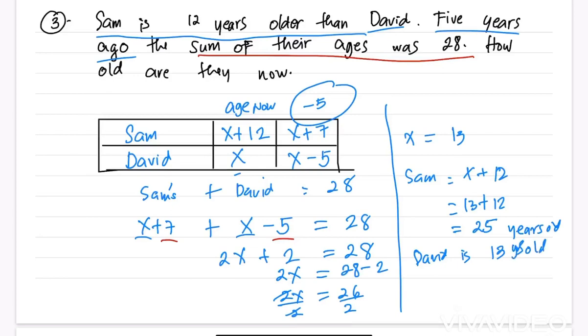So therefore your final answer, their present age, is: Sam is 25, and David is 13.